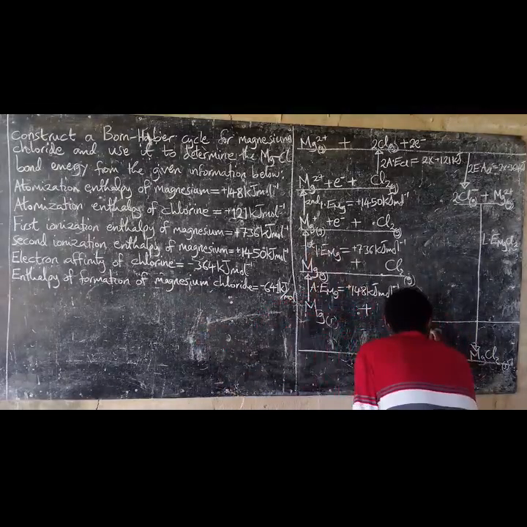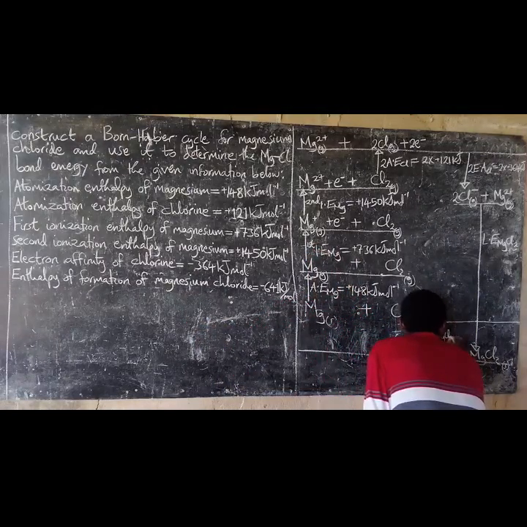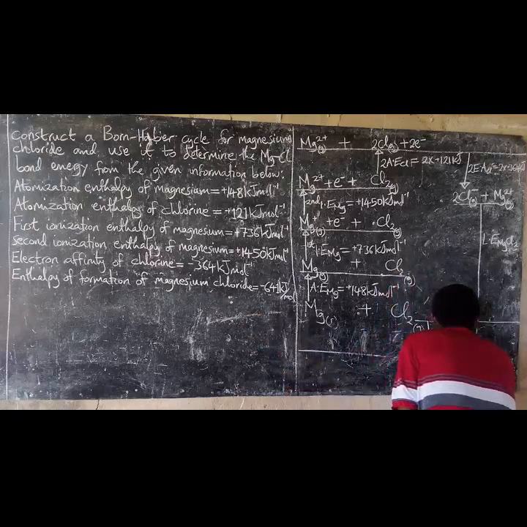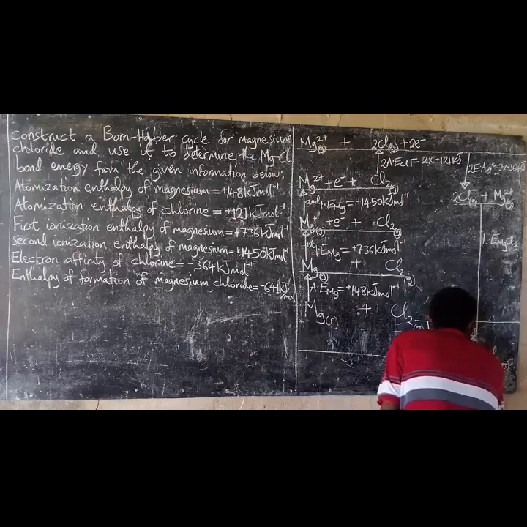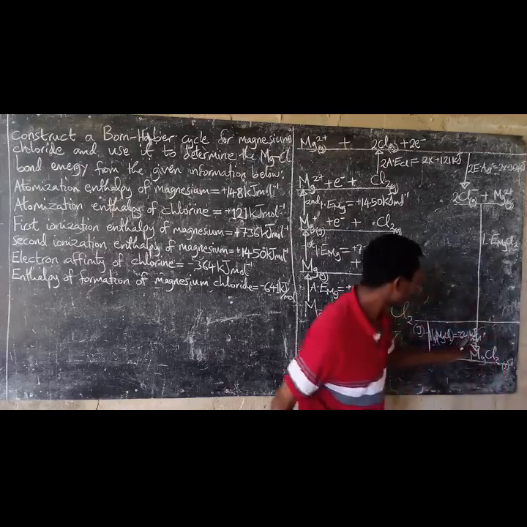Now, the heat of formation of magnesium chloride is equal to negative 641 kilojoules per mole.